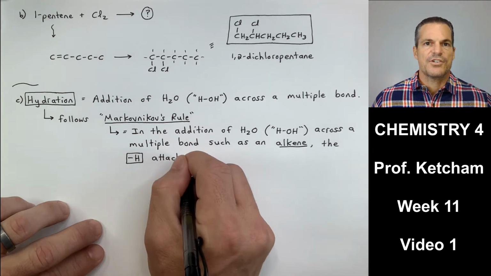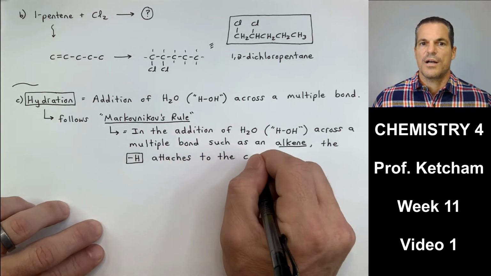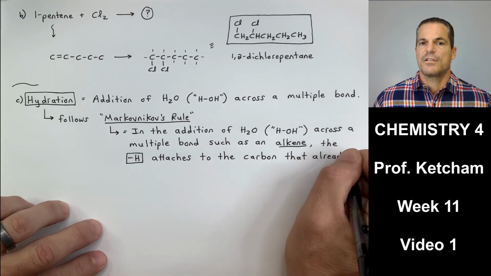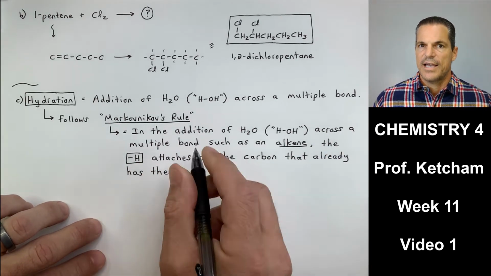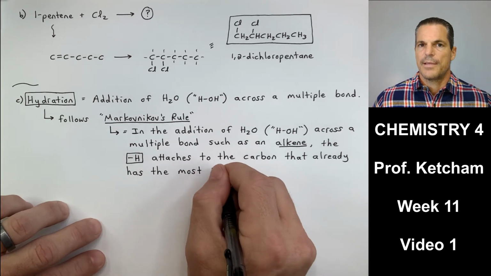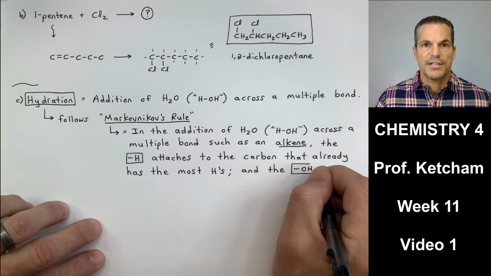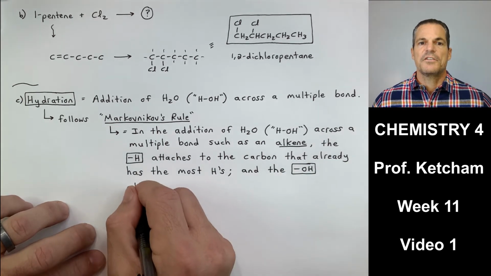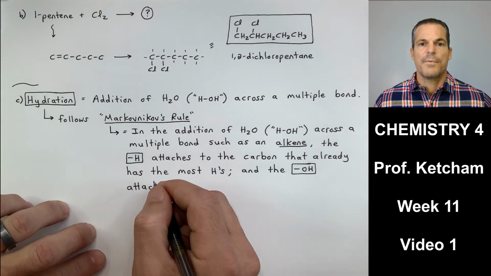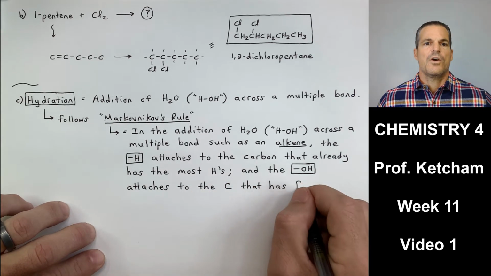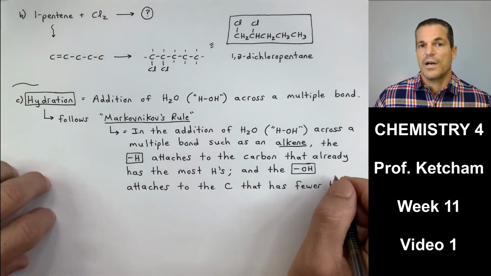So you're adding H-OH across a double bond or triple bond. The H is going to attach to the carbon that already has the most hydrogens on it. So just think about putting the H with all his friends, all of his other H buddies. Okay, so the hydrogen attaches to the double bond or triple bond carbon that already has more hydrogens. And then the OH will go to the carbon that has fewer hydrogens.